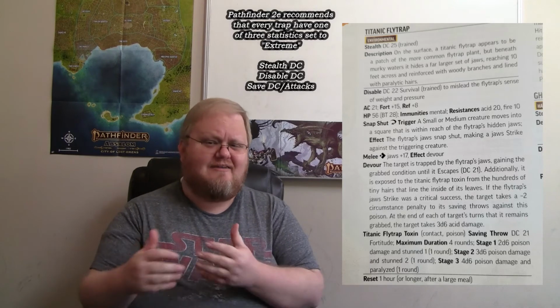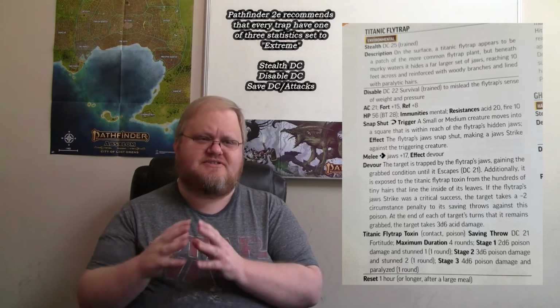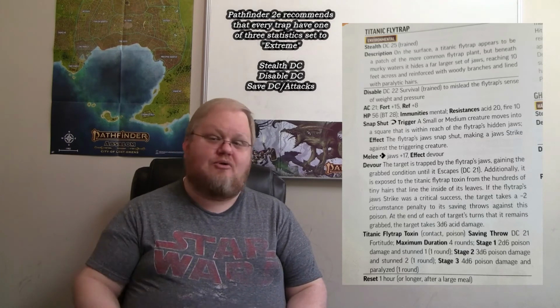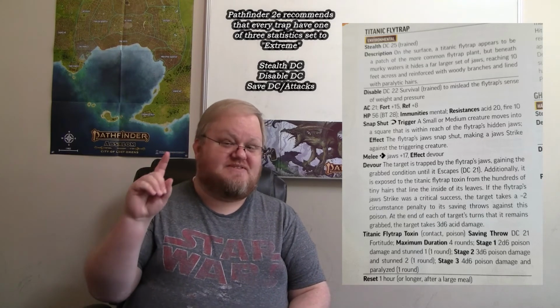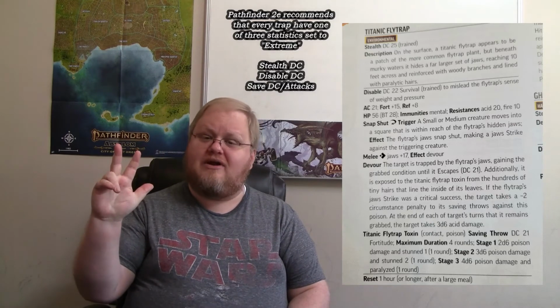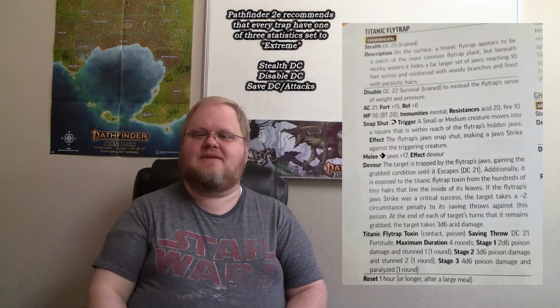Pathfinder 2e kind of assumes that you will actually use extreme numbers in at least one of 3 places when you are building a hazard. Hazards can have an extreme stealth DC, an extreme disable DC, or an extreme save DC, or potentially attack modifier.